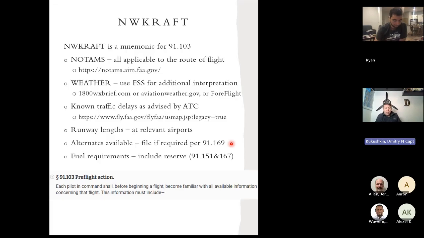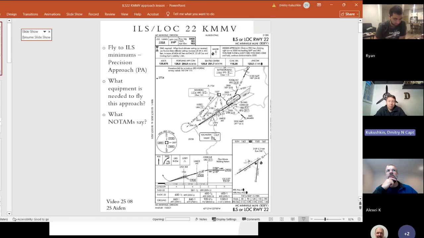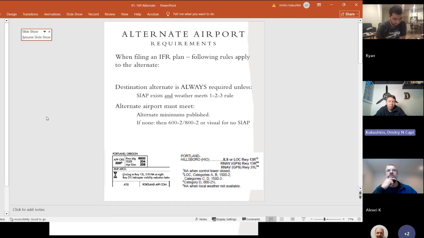The easy way to remember that is the 1-2-3 rule. Some of you probably remember this, but in short, you have to file an alternate unless you have an instrument approach available at your destination and the weather within 1 hour before and after is better than prescribed for that airport as an alternate.